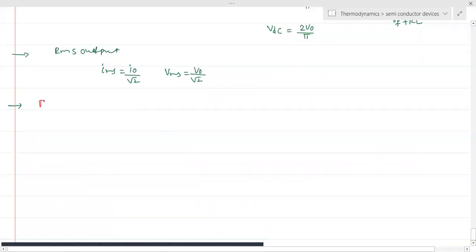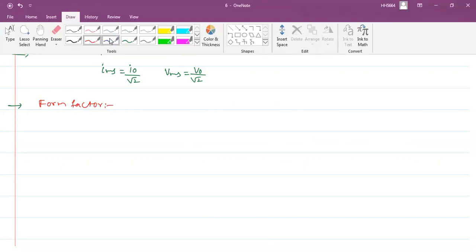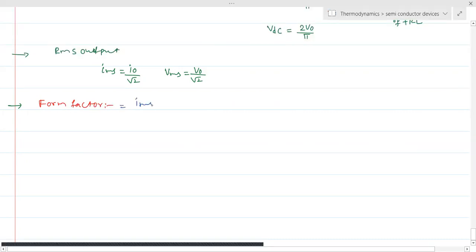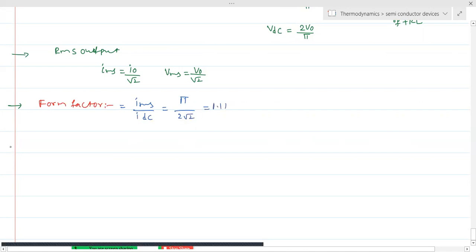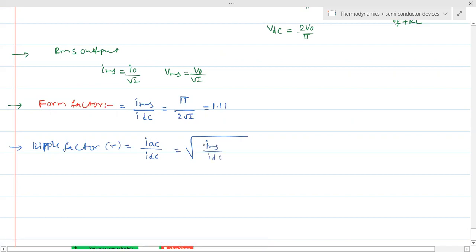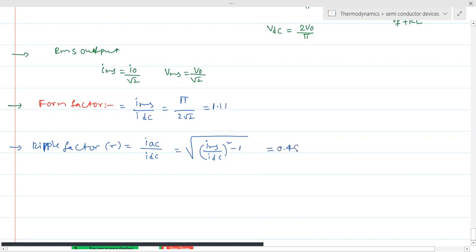Form factor by definition is IRMS by IDC, which equals pi by 2 root 2, so that will be equal to 1.11. Next is the ripple factor, which you can symbolize as gamma. It is equivalent to IAC by IDC, or the square root of (IRMS by IDC) whole square minus 1. So that will be 0.48.